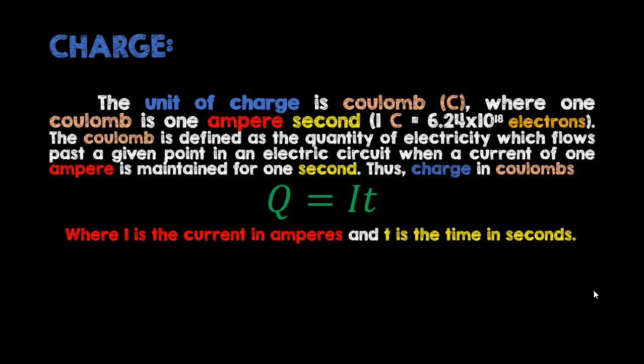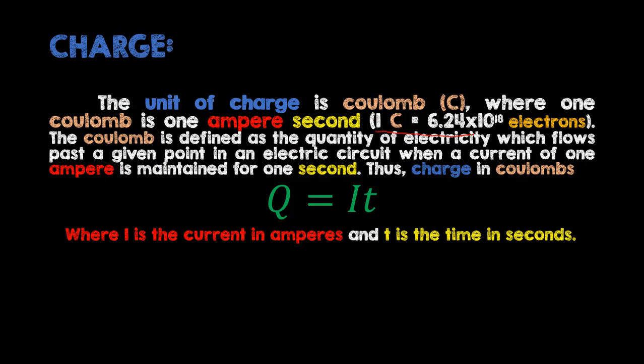So, unang lesson natin is about charge. So, what is charge? Ano nga ba yung charge? The unit of charge is coulomb or C, where 1 coulomb is 1 ampere second. Or 1 C, let me highlight it.